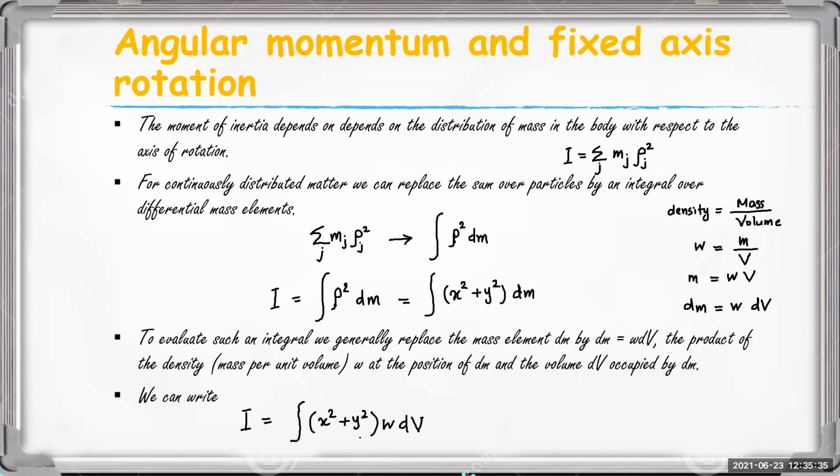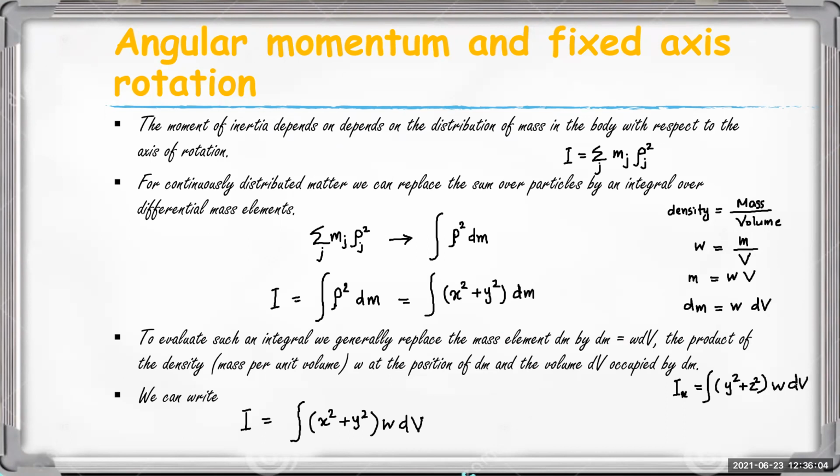Okay, if it is the moment of inertia about x axis, then it must be equal to integral y square plus z square w dv.